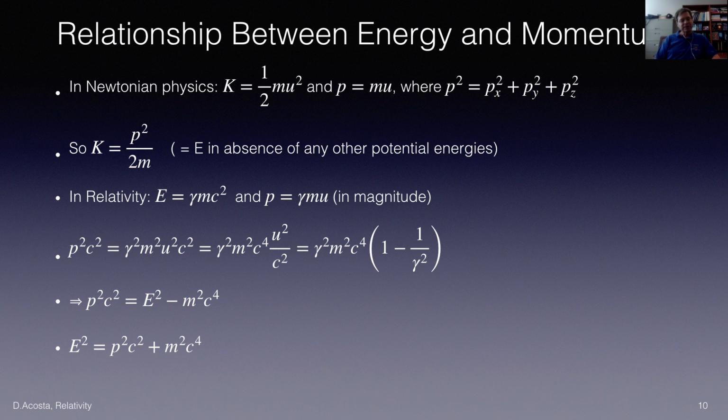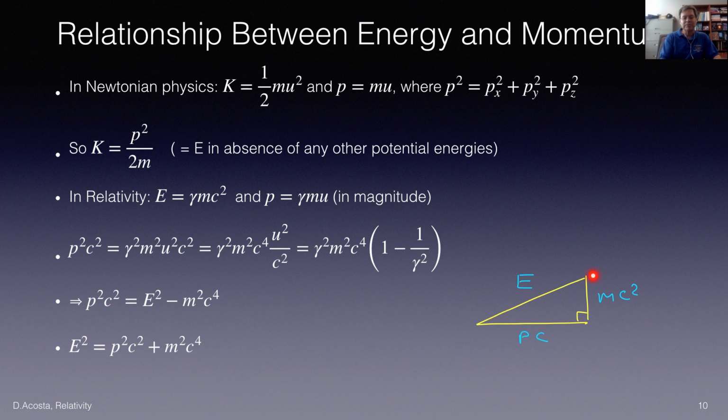Okay, but if you look at that formula, there's kind of a convenient way to remember it, right? This kind of looks like Pythagorean's theorem. c squared is a squared plus b squared, the two sides of a right triangle squared and summed. So in fact, I could make a right triangle, and I could put pc along one side, mc squared along the other, and E as the hypotenuse.